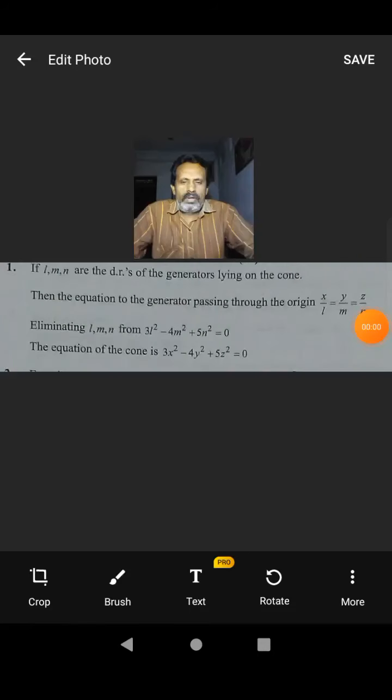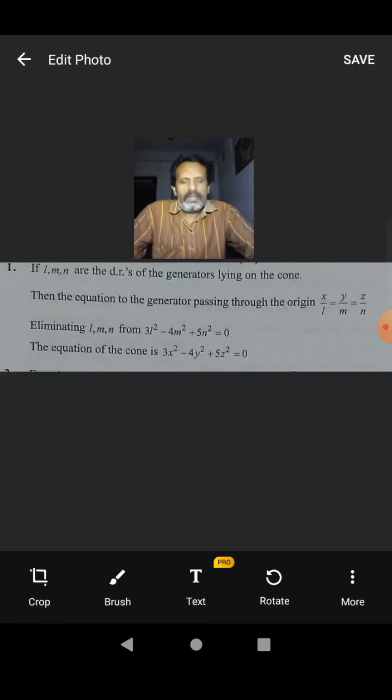Discuss the third problem: find the equation to the cone whose vertex is the origin, and the direction cosines are given in the relation 3l square minus 4m square plus 5n square is equal to 0. It's clear that the solution of the problem is quite similar to the first problem.